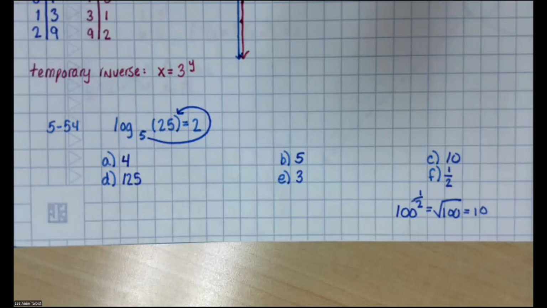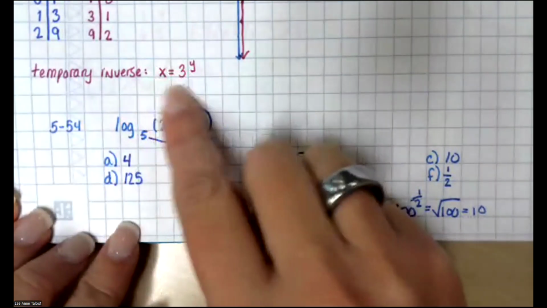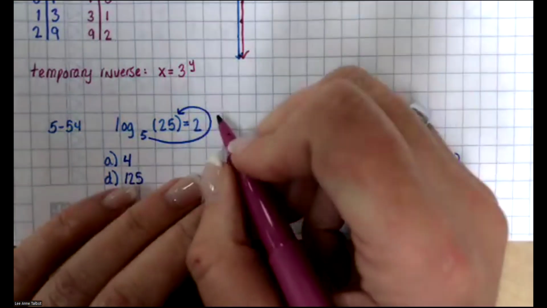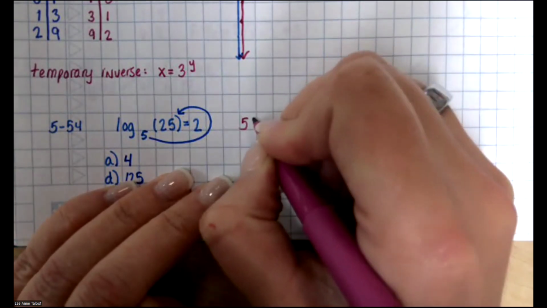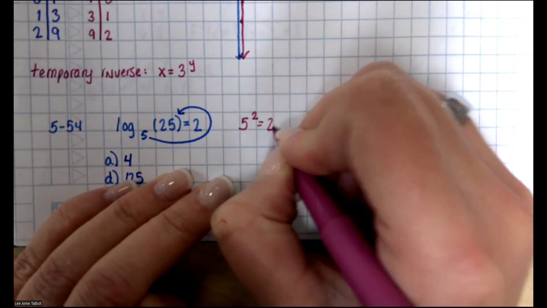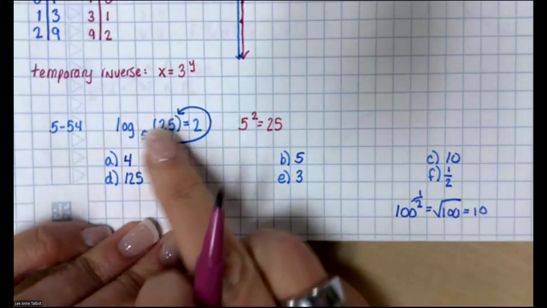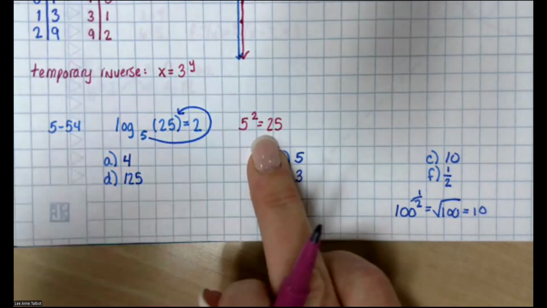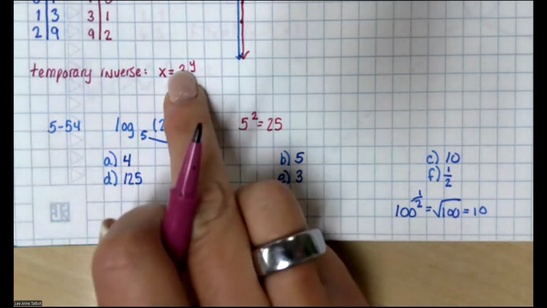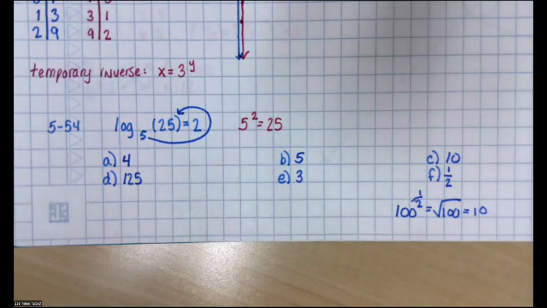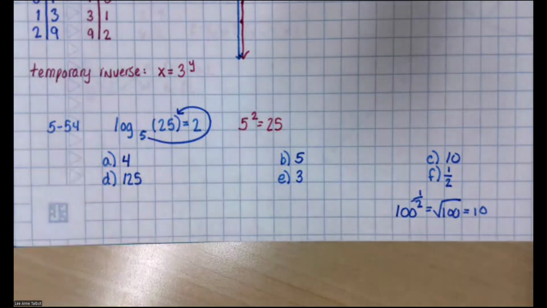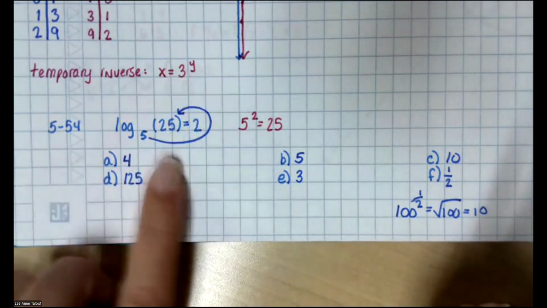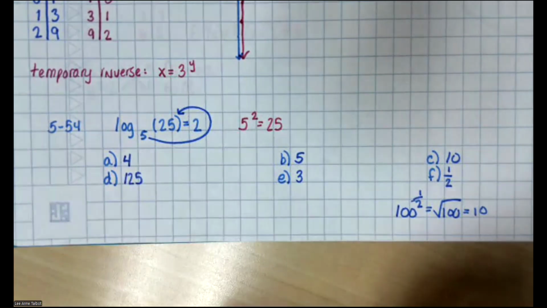If I take this and say, okay, this is 5 to the 2 equals 25, I got that from my circle. Can I take this and apply it to this and rewrite it to that? What I'm going to do is take these things and go backwards and write it like this.